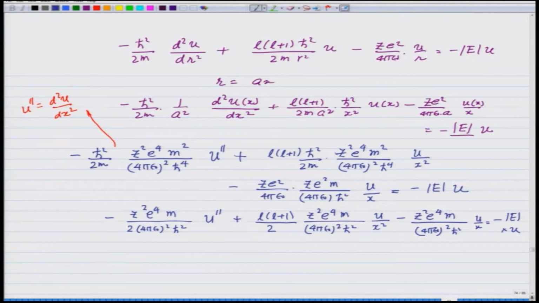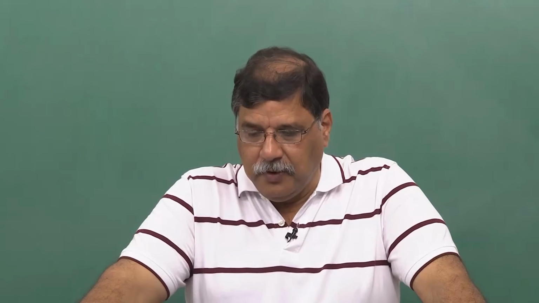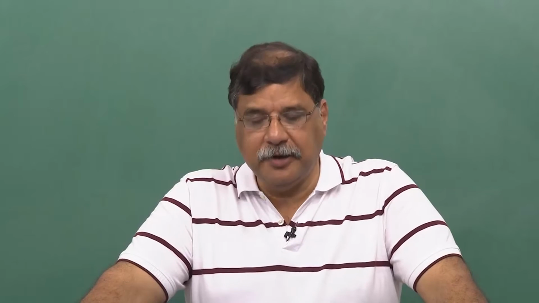Notice that naturally this quantity, which I am encircling in red, is a unit of energy. You can easily check that, because this is nothing but Z square e square over 4 pi epsilon naught a, which is nothing but the electrostatic energy if two charges are at a distance a. So, this is a natural unit of energy.